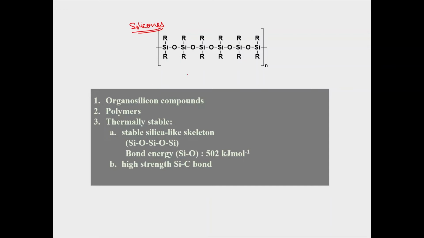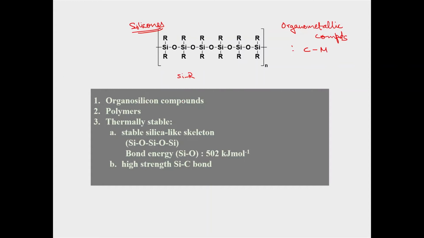Here we can see that silicon is coordinated to R. Organometallic compounds means there is a carbon coordinated to a metal.